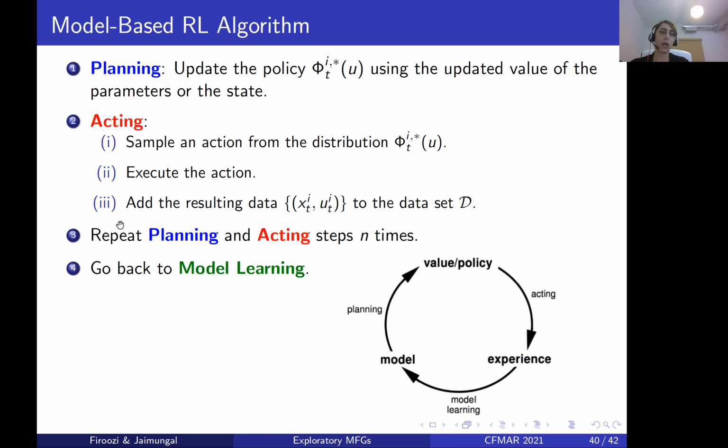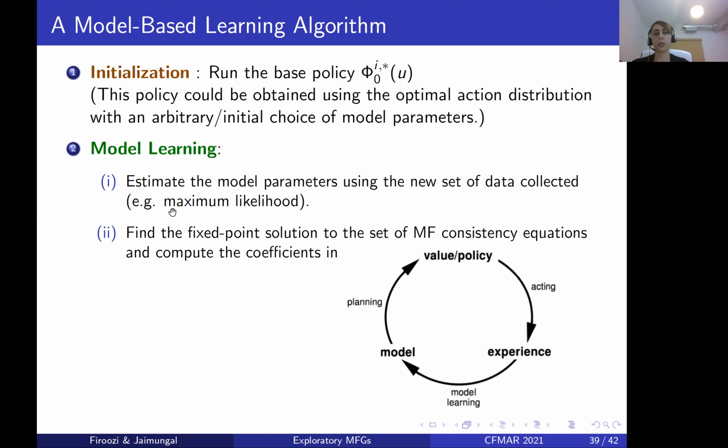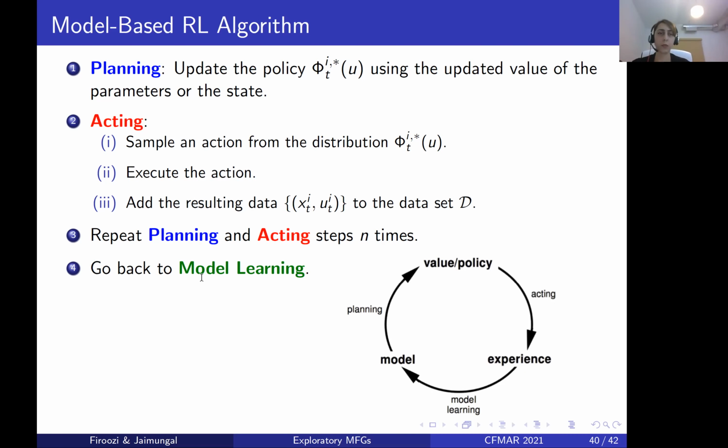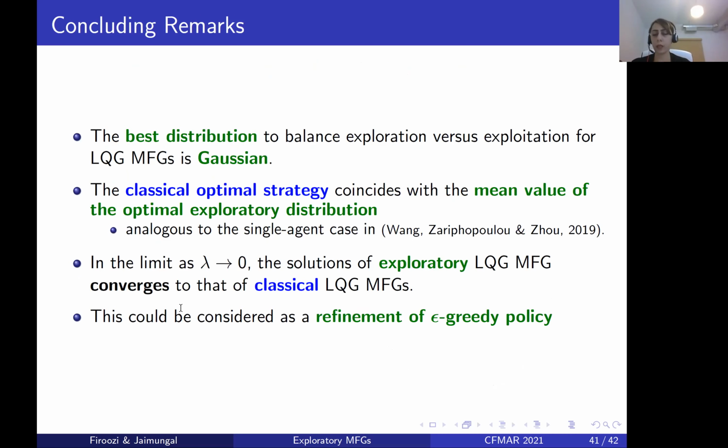If we repeat planning and acting n times, then we can go back to model learning to learn the parameters of the system again, and we can continue until we get convergence. This was just to give you an idea of how this framework can be used in learning algorithms. This is of course a preliminary learning algorithm, and it resembles very much the parameter identification in the context of stochastic adaptive control.